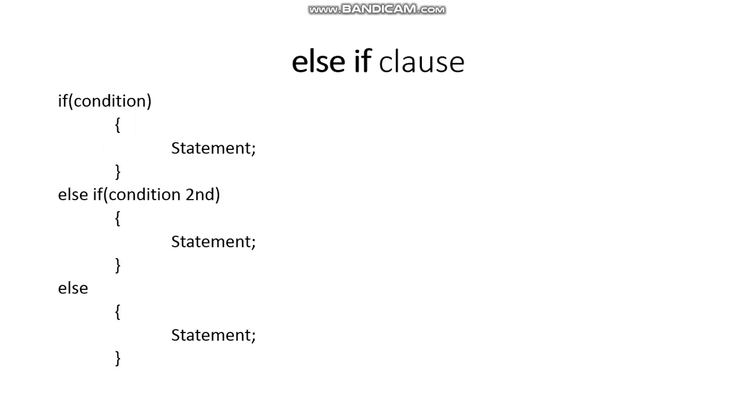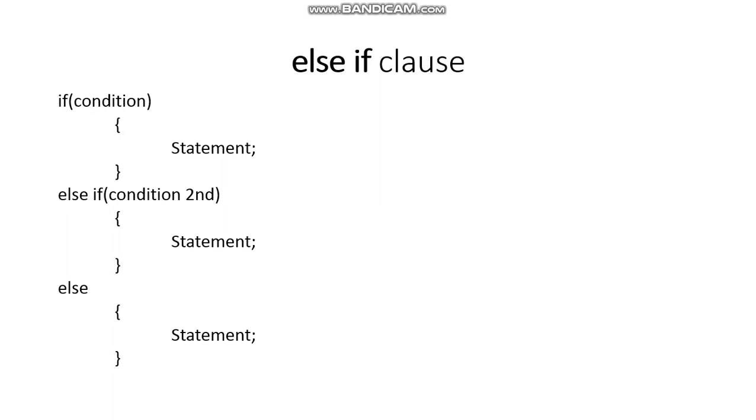Now coming to else if clause, here we see the syntax is the same. If condition, we all know it will check the first condition. If it evaluates to true, then the statements will be executed very nicely. And if the first condition fails, then it will switch to the second condition. Else if, we can see the condition second, right?